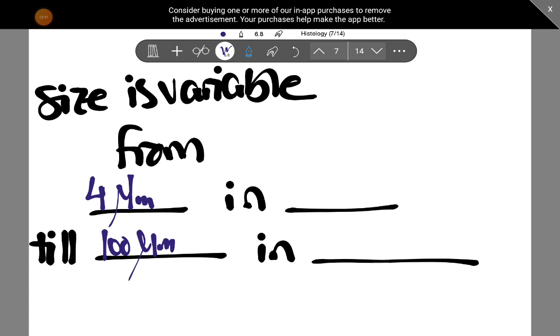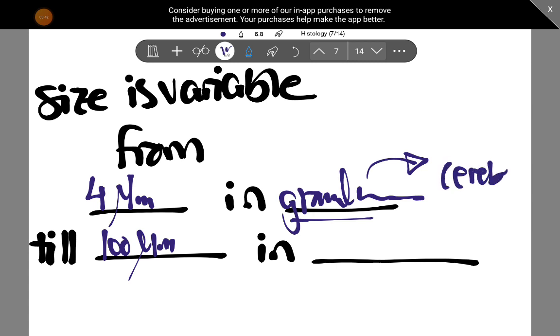It's in the granular cells. These are in the cerebellar cortex. The CNS consists of the cerebrum and cerebellum, so the cerebellar cortex is the cortex of the cerebellum. So it's about 4 micrometers in the granular cells of the cerebellar cortex.